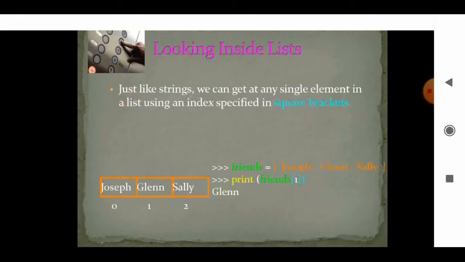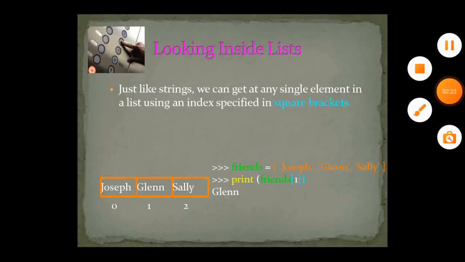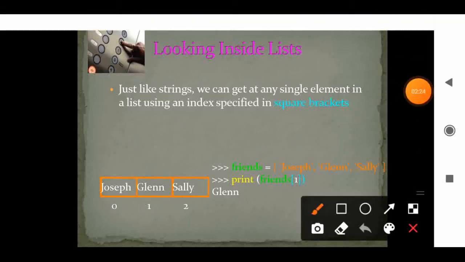Looking inside the list, like a string, a list also has index values. The positive index starts from left to right: 0, 1, 2. The negative index starts from right to left: -1, -2, -3.